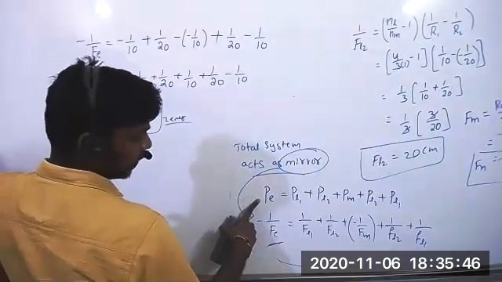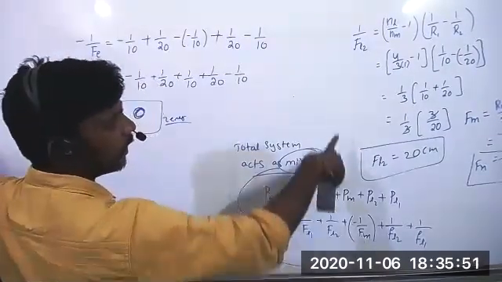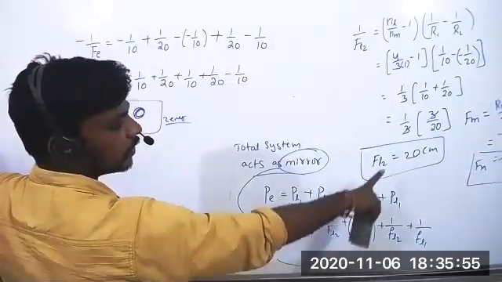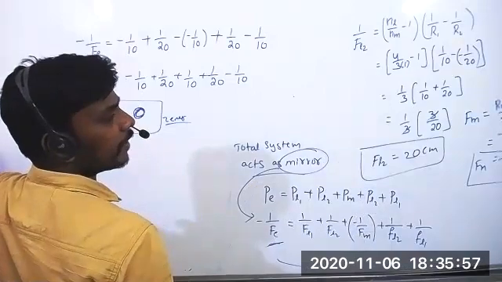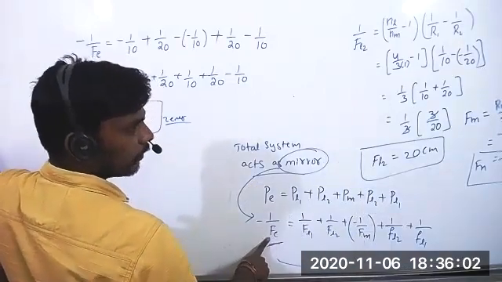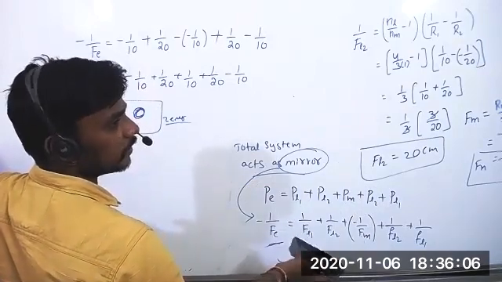So we have to do this. First, we find the focal length FL1 by using the lens maker's formula. Focal length of the mirror is Rm by 2, radius of curvature by 2. After getting this, if there is some value, find out image distance and image nature. That's all.